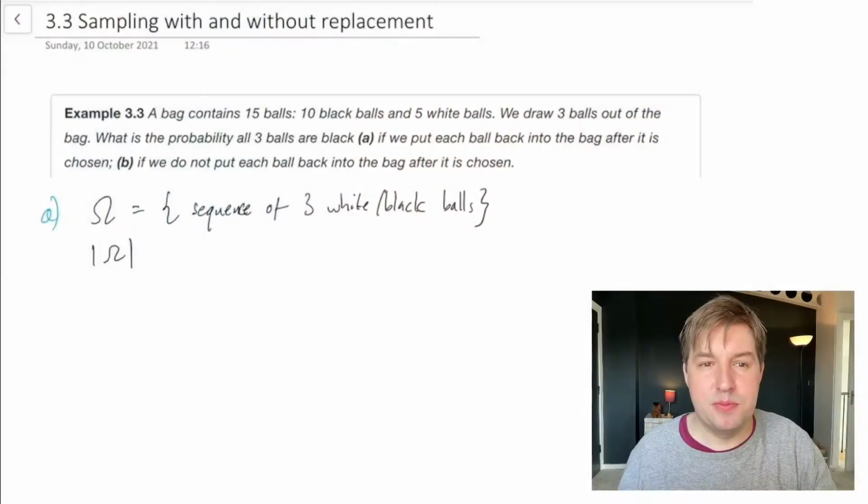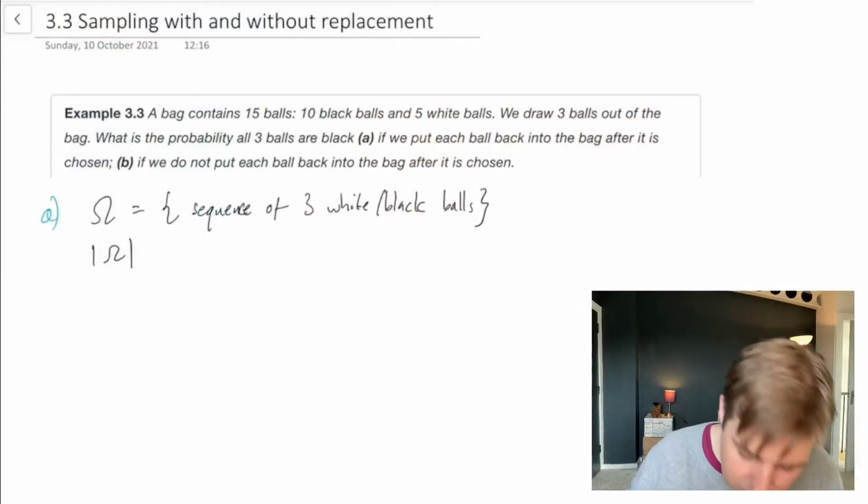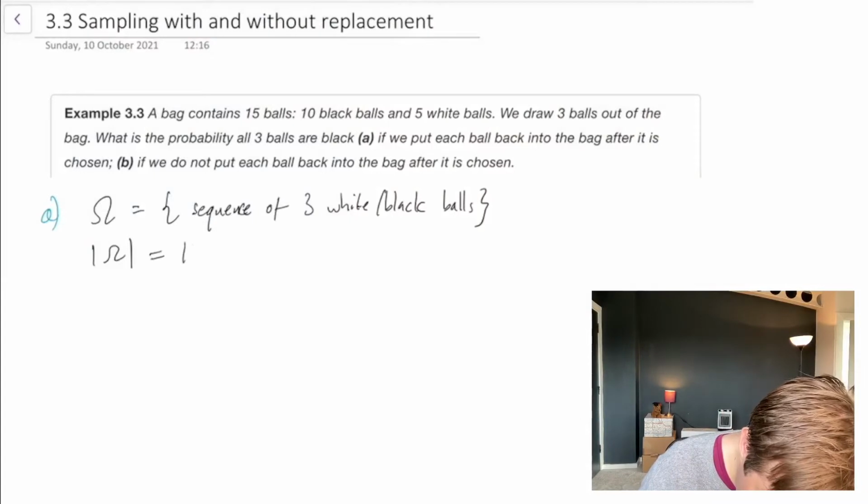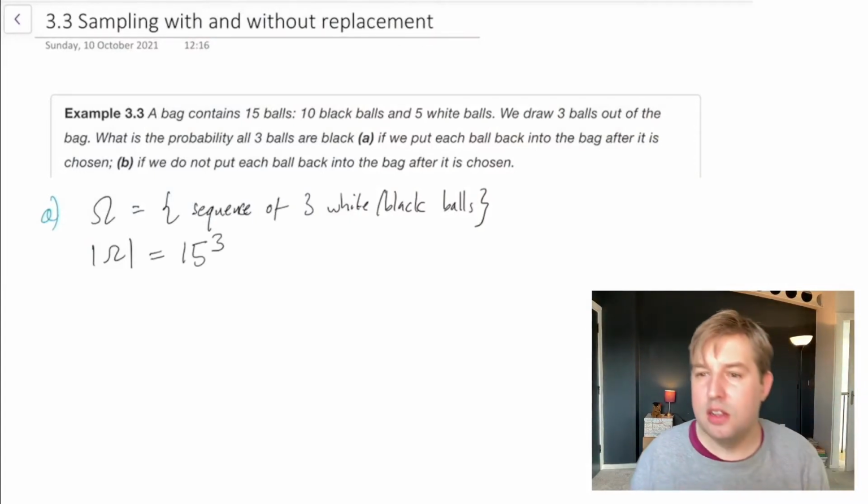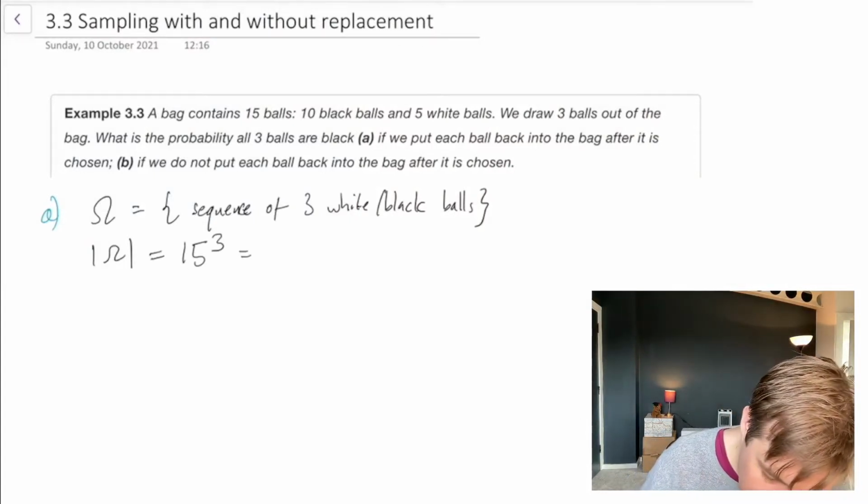The 10 black and the 5 white. So there are 15 choices for the first ball, and 15 choices for the second ball, and 15 choices for the third. And by our multiplication principle, which we now know and love, it's going to be 15 times 15 times 15. So here we have the number of elements in omega is 15 cubed, which is apparently 3,375.